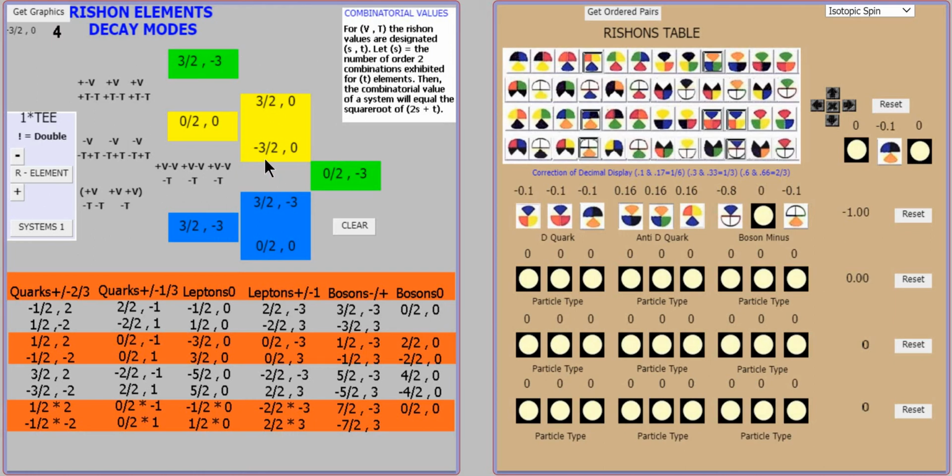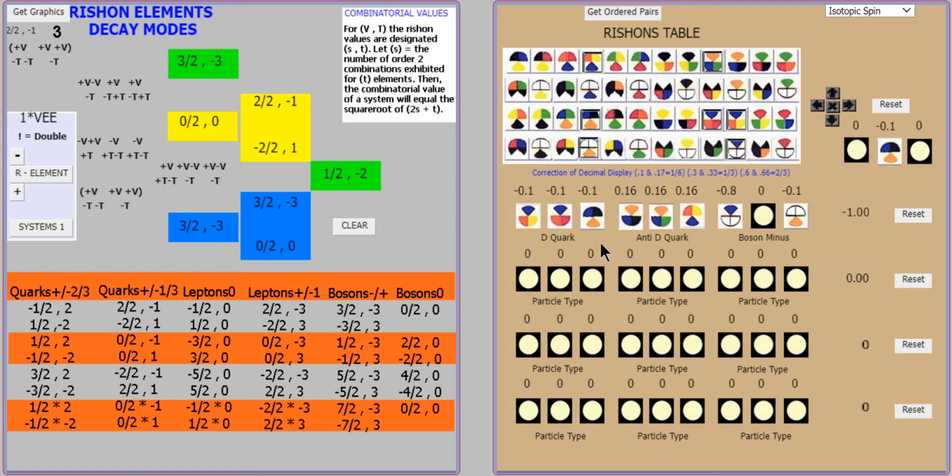So we will increase the T by 1 and decrease the V by 1, thereby now changing the particle pair to a D and anti-D, and thereby having the decay products now to be a D quark and an anti-U quark, as we can see over here also.